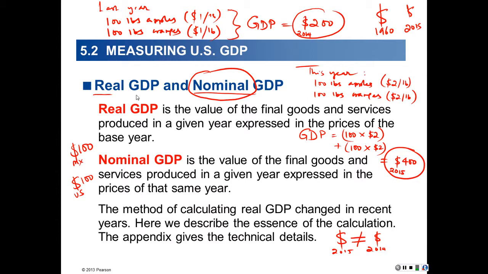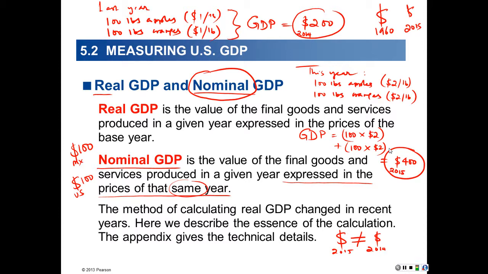What is nominal GDP by this definition here? Nominal GDP is the value of the final goods and services produced in a given year, expressed in the prices of that same year. So that would be the $400 and that would be the $200. Because what do we do in each case?